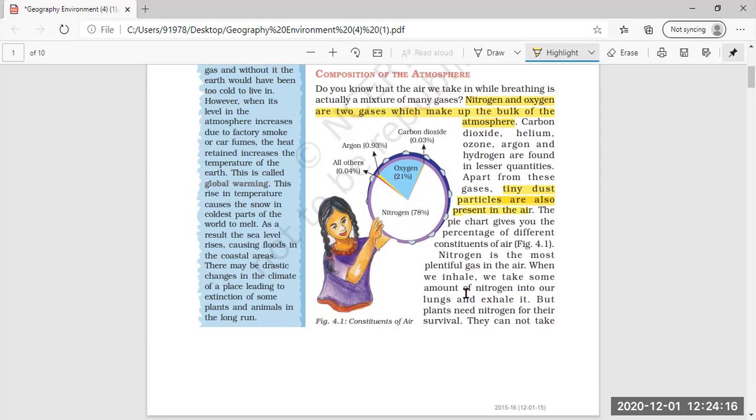Next, nitrogen is the most plentiful gas in the air. Now, which is the most plentiful gas in the air? That is nitrogen.